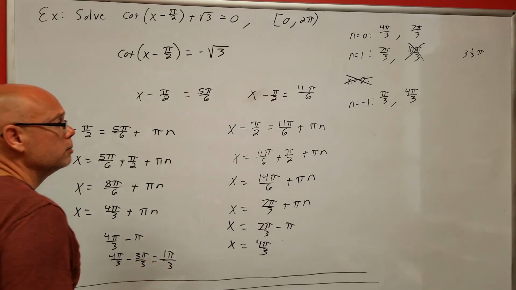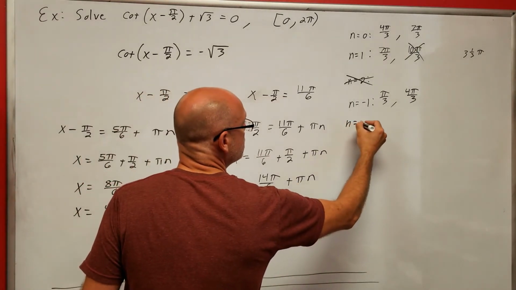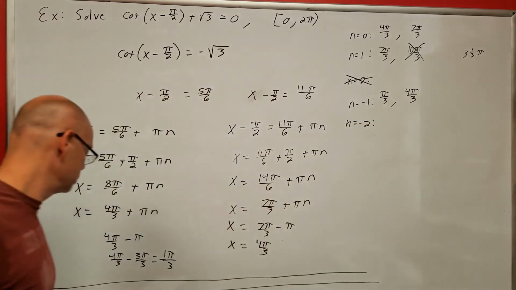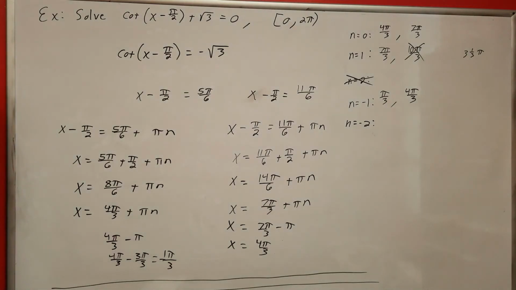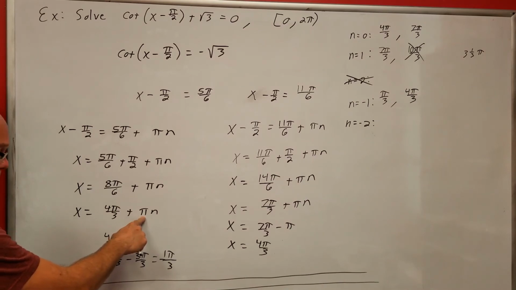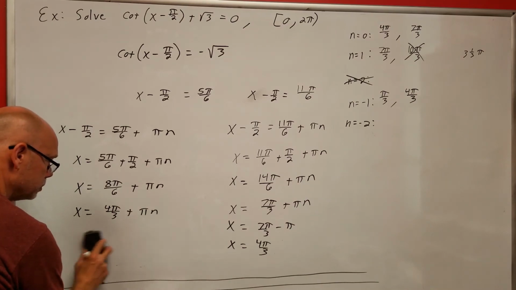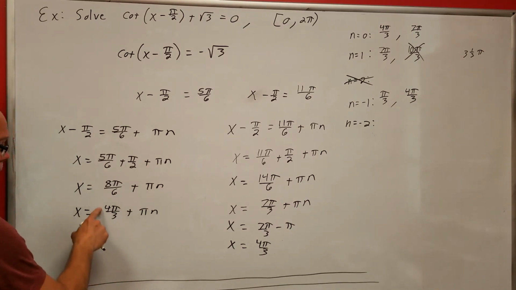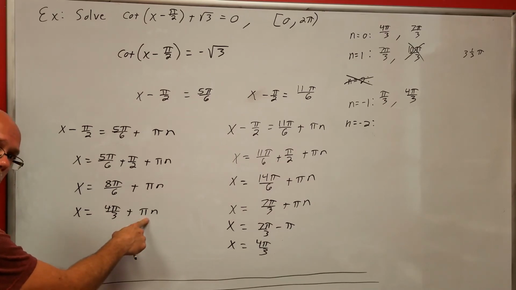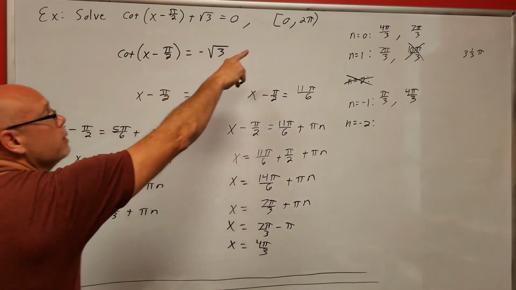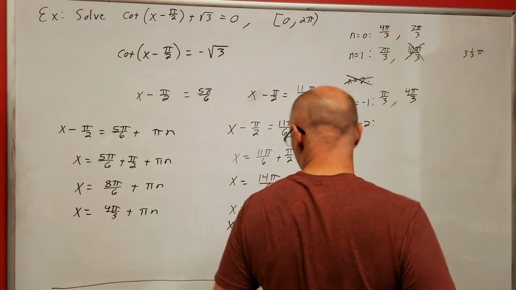That's in the interval. How about when n is equal to -2? That would be -2 pi there. What's 1 1/3 pi minus 2 pi? That gives me a negative number, and I can't have a negative number between 0 and 2 pi.